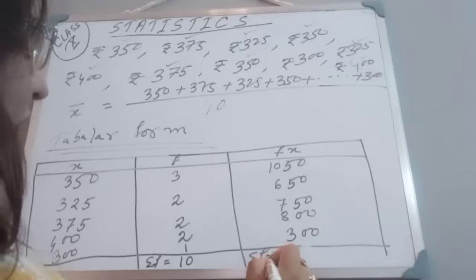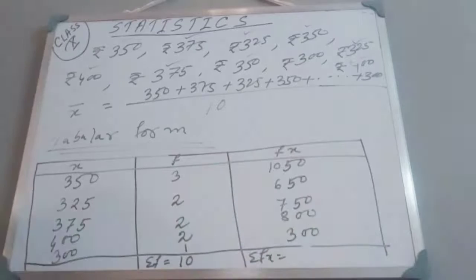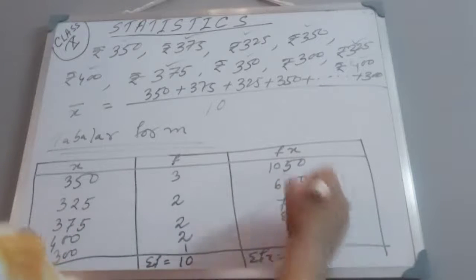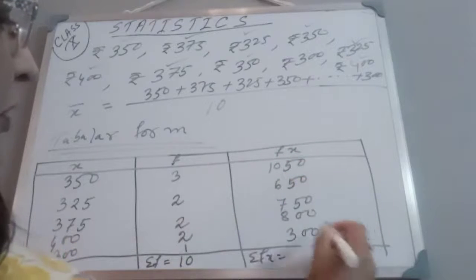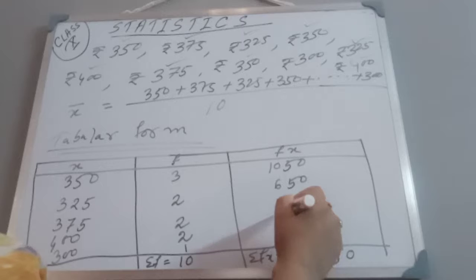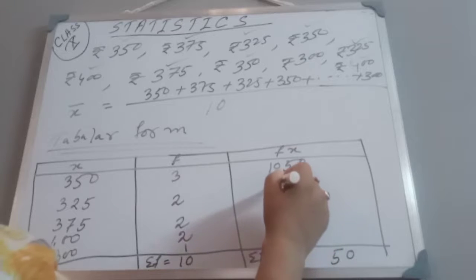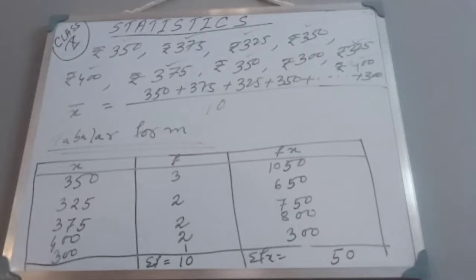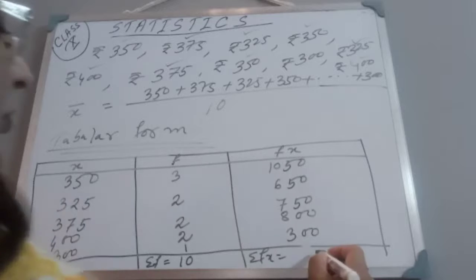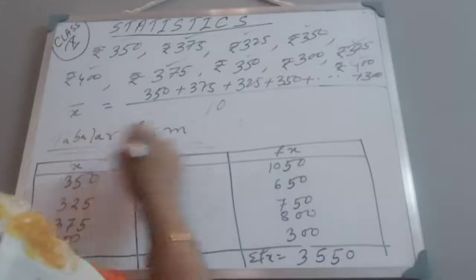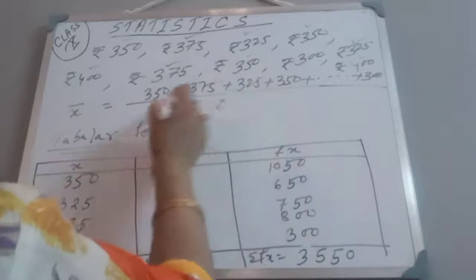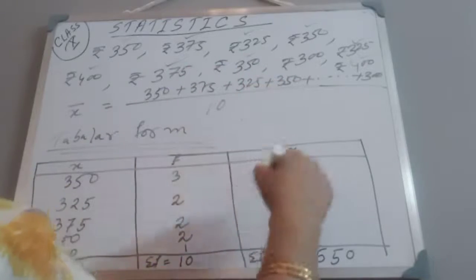Got it? Now sigma fx, that means we have to add all this. It's coming 3550. Now what will be x bar for grouped data? This was for ungrouped data and this is for grouped data.